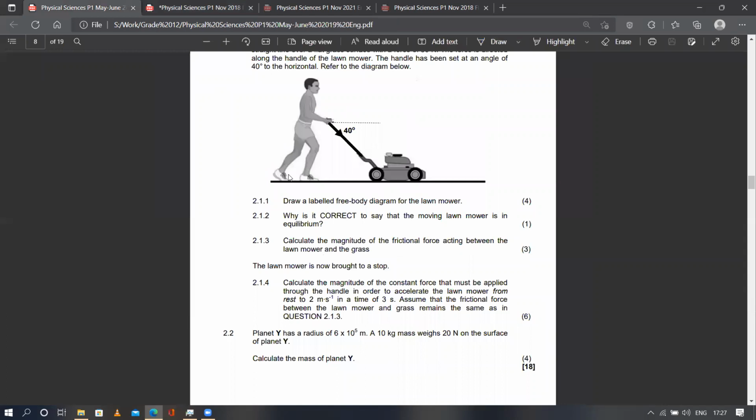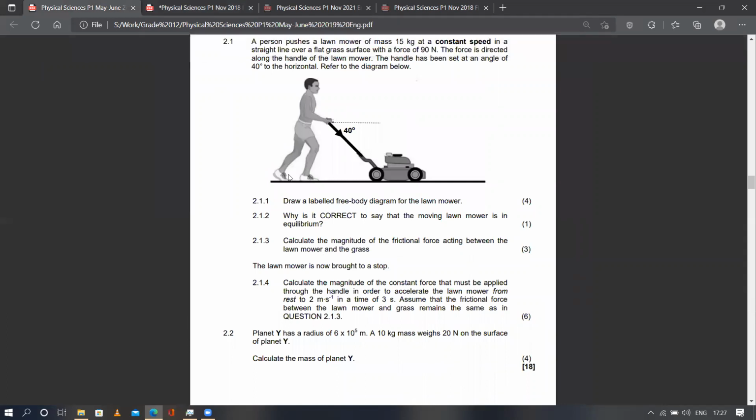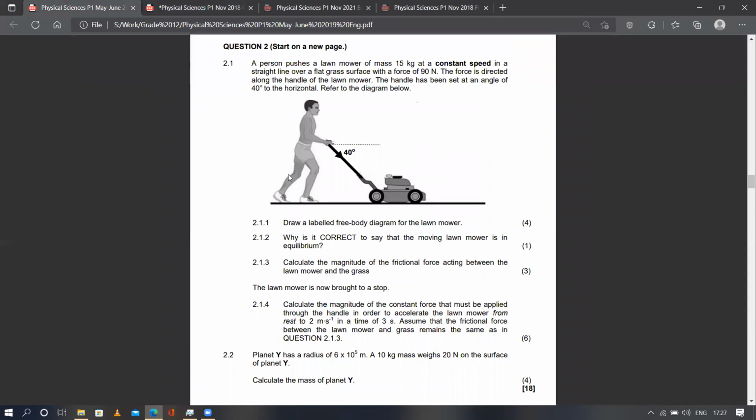So let's go to this Newton's law question. If a person pushes a lawnmower of 15 kg mass at a constant speed on a straight line over a flat grass surface with a force of 90 newtons, the force is directed along the handle of the mower.